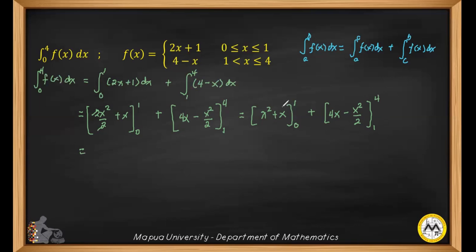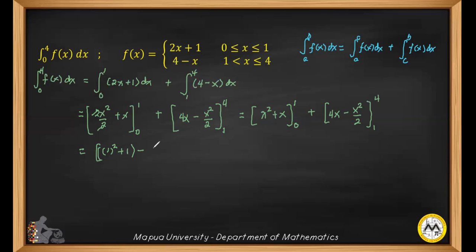Considering the indefinite integral x squared plus x to be evaluated from the lower limit 0 to the upper limit 1, the value of the indefinite integral at the upper limit 1 is 1 raised to the second power plus 1, minus the value of the indefinite integral at the lower limit 0.